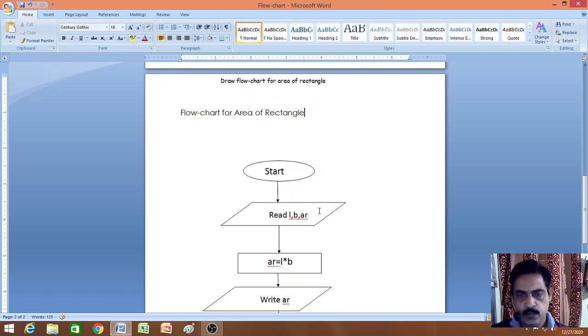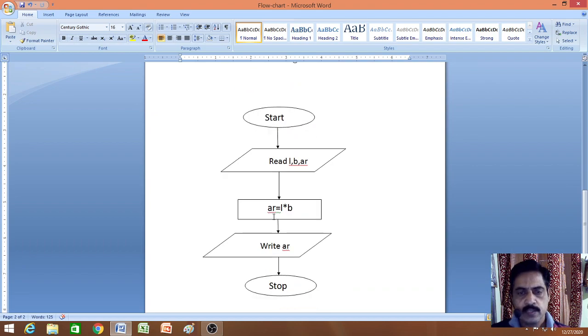That's why I have drawn the parallelogram, and the operation which the symbol performs, read L, B, I have written inside the figure. Next, the third step of the algorithm is calculate AR is equal to L into B. For calculation or processing, the rectangle symbol is used. Therefore, I have drawn the rectangle, and inside that I have written AR is equal to L into B.